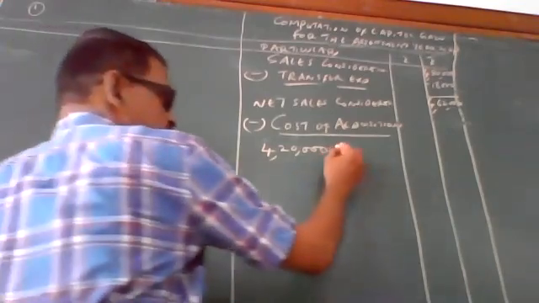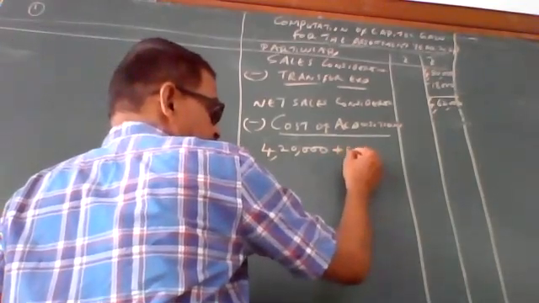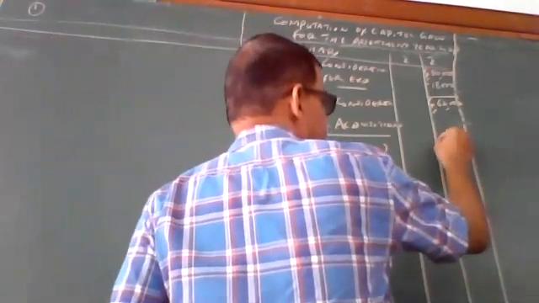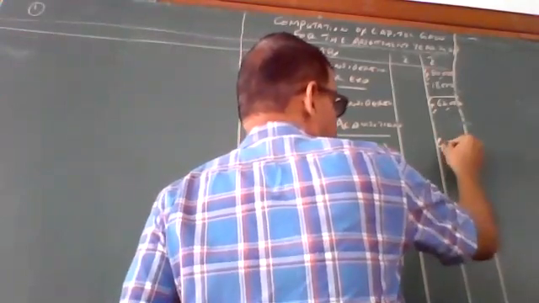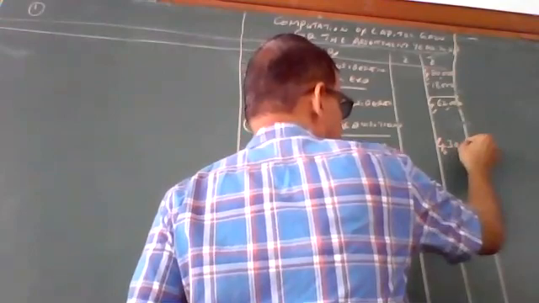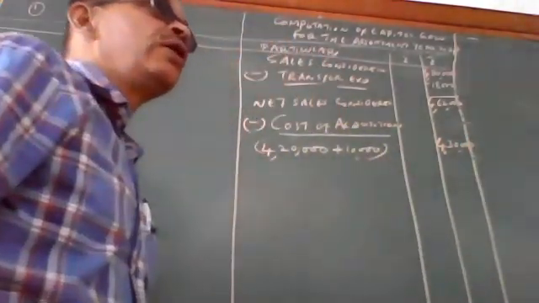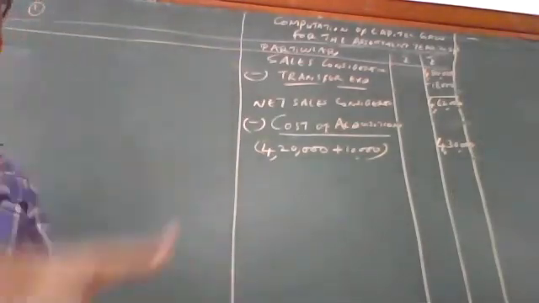So plus 10,000, the cost of asset becomes 4,30,000. Any expenses incurred to purchase the house, add it to the cost of the house, cost of the property, cost of the asset.